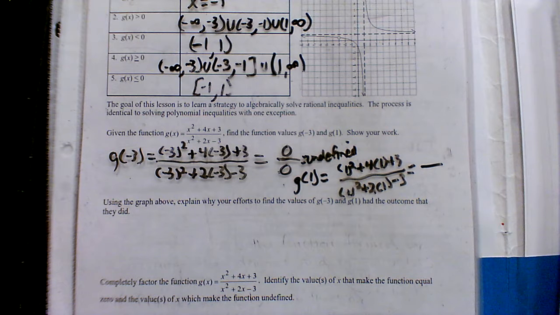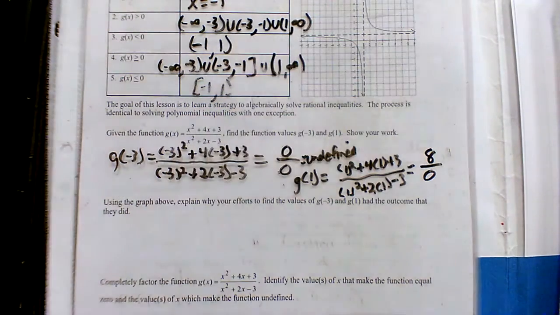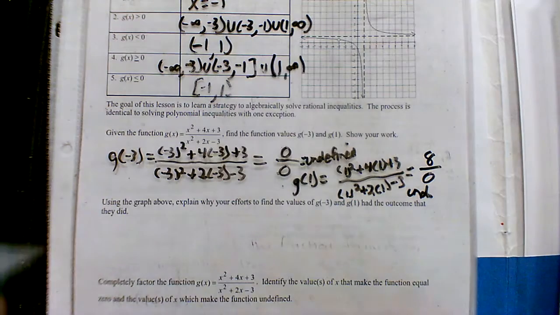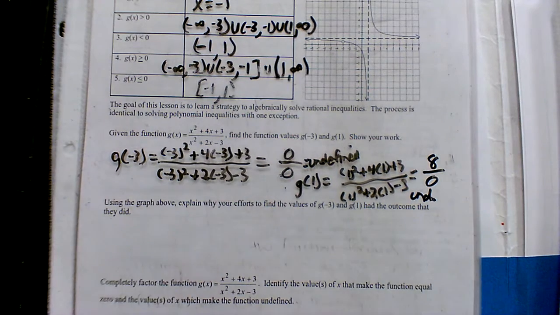Did anybody get a value for this one? Top, bottom, or both? 8 over 0, so the answer is what? Undefined. So we're saying at g of 1, we're also undefined.